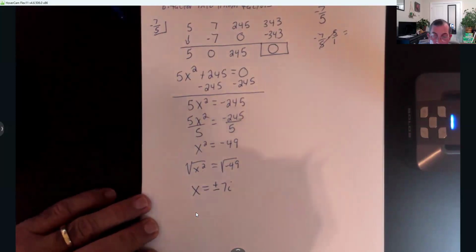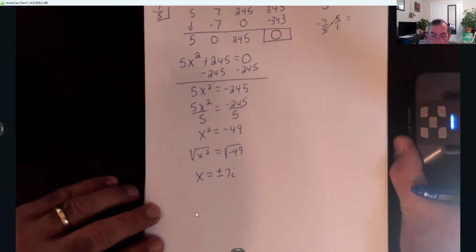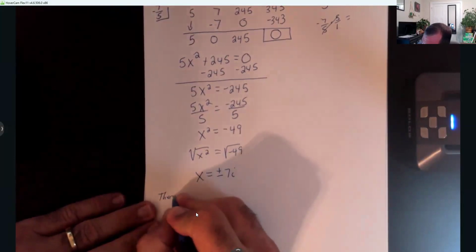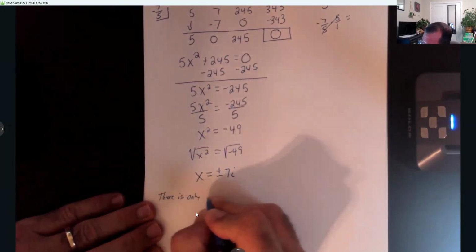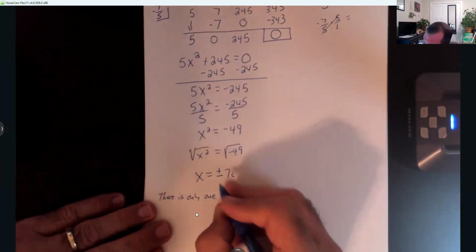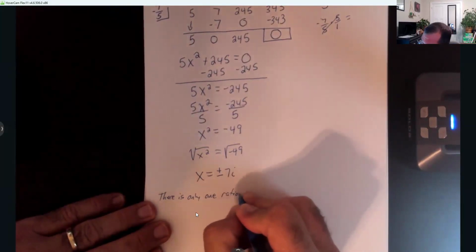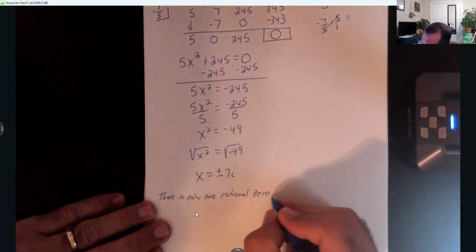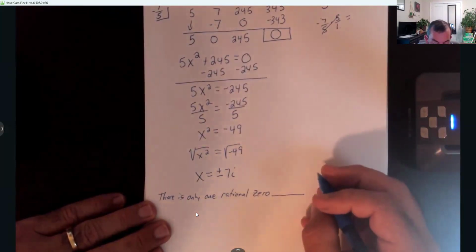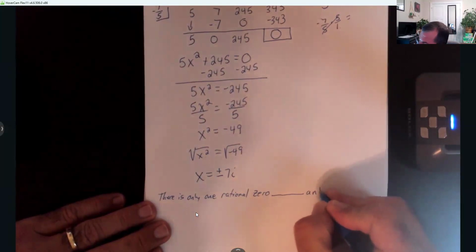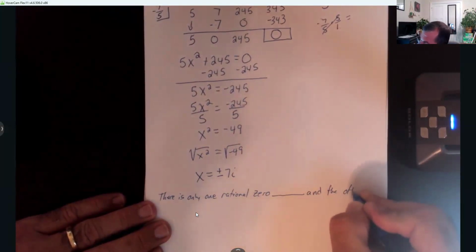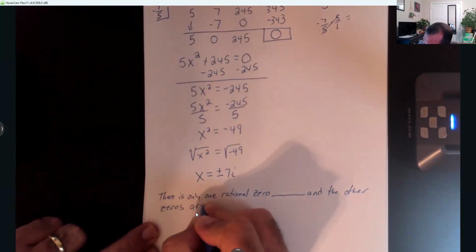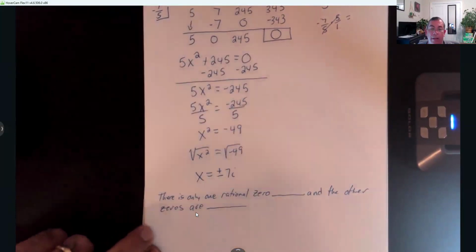So for this one, you would choose B. There is only one rational zero, blank, and the other zeros are blank.